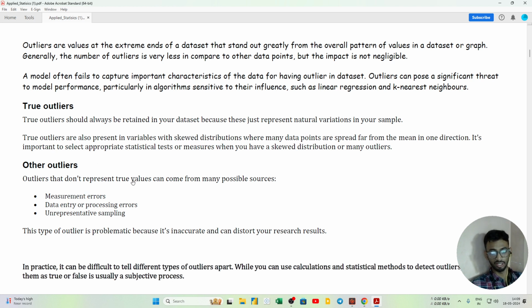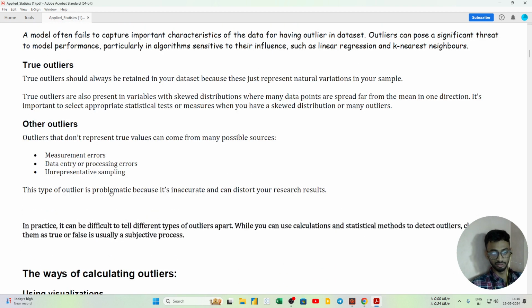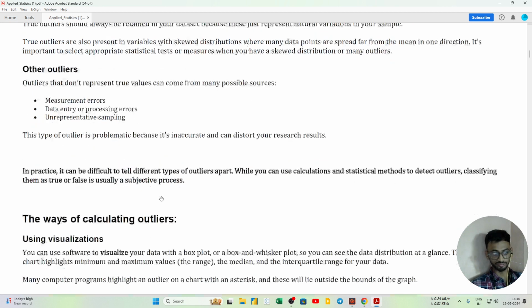But the outliers that are not natural, that are present because of a few reasons like measurement error, data entry or processing error, and unrepresentative sampling, are called other outliers. This type of outlier is problematic because it is inaccurate and can distort our research results.